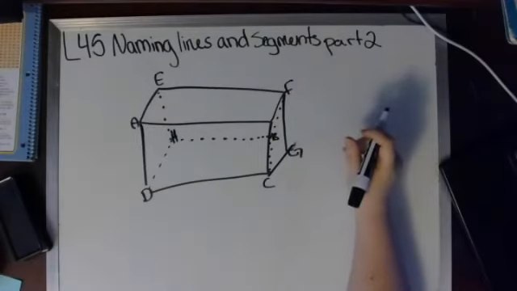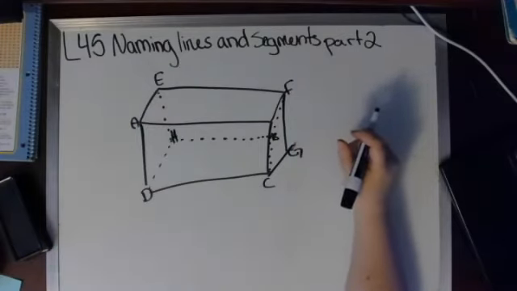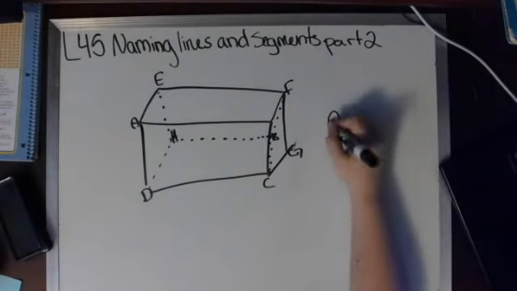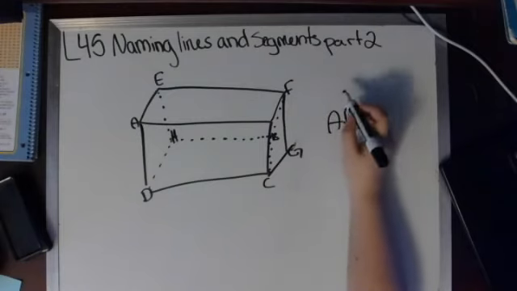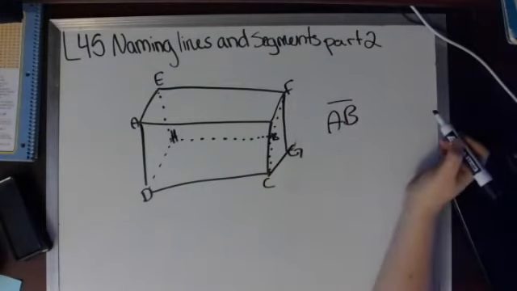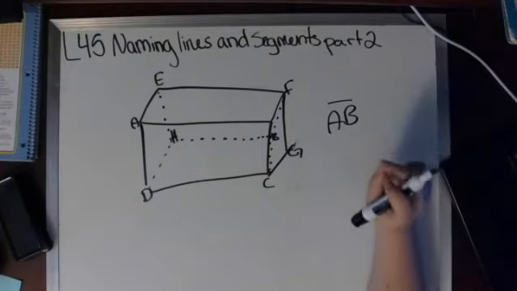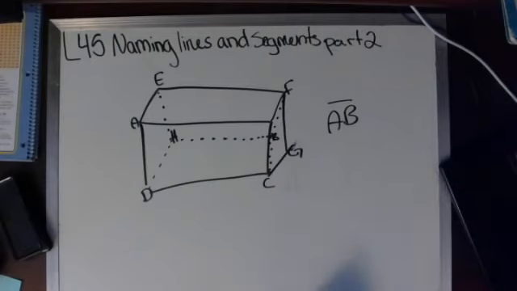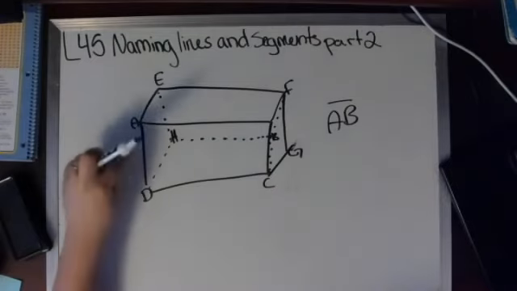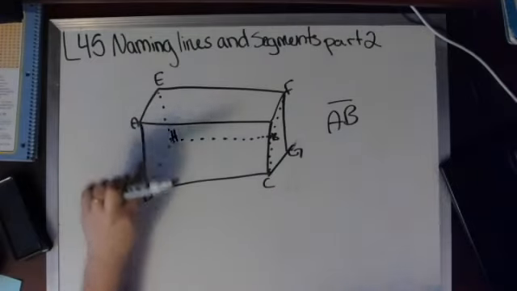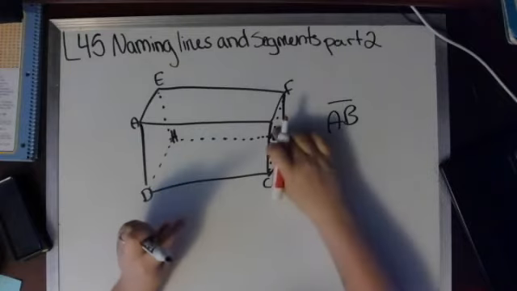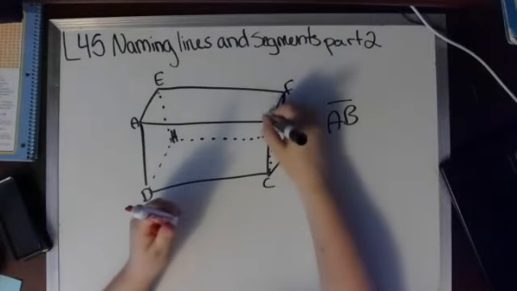Now, your question is, name a pair of segments that appear to be parallel to segment AB. Okay, name a pair of segments that appear to be parallel to AB. So the first thing we need to do is find out where AB is. Okay, well, there's A. Okay, or sorry, I put B in the wrong place.